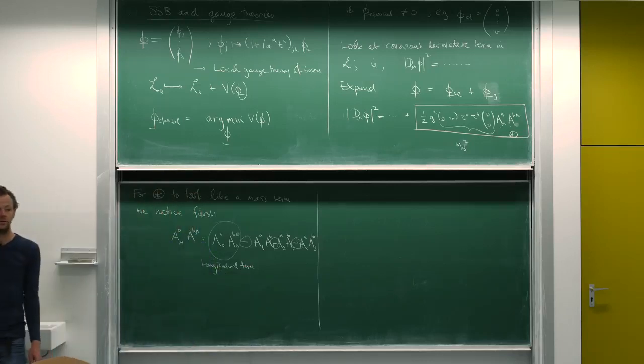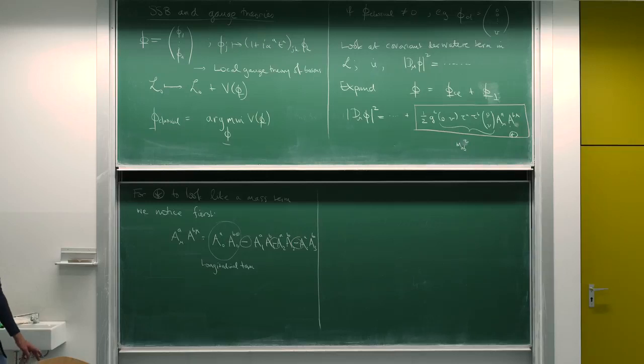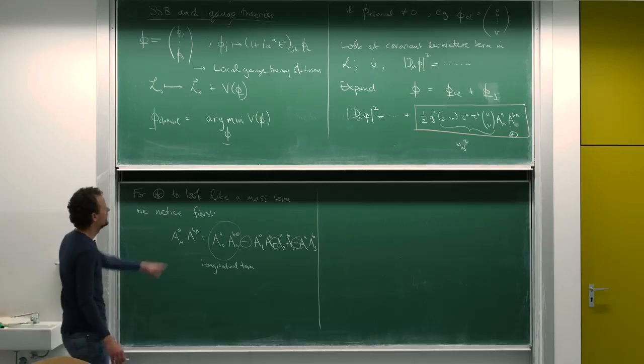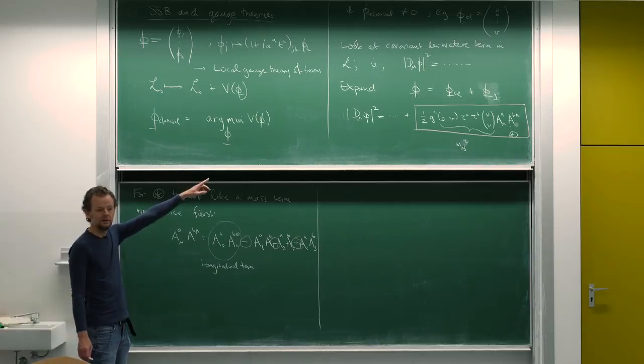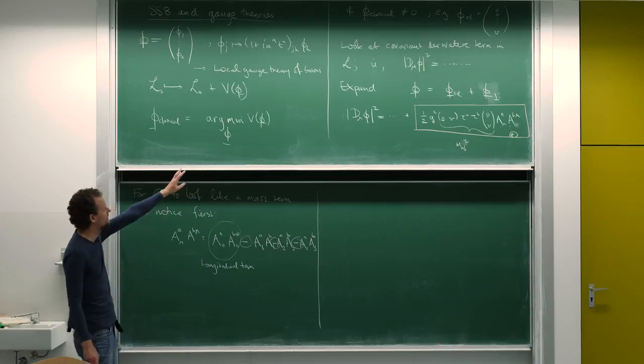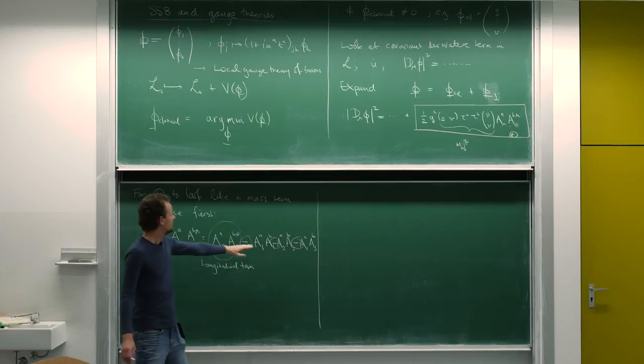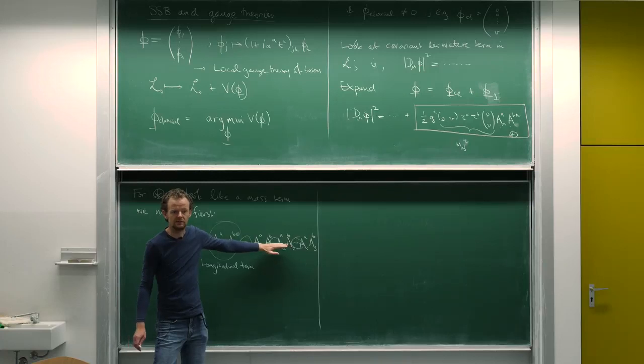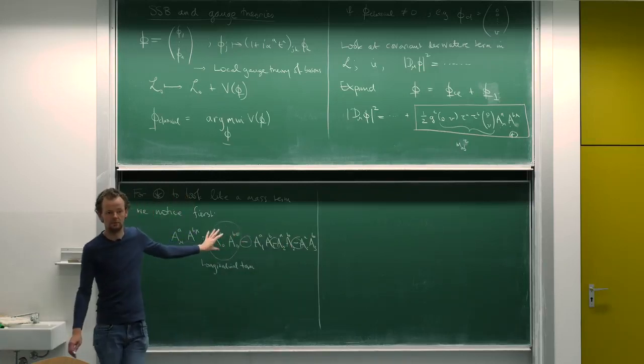But it turns out we know how to eliminate this longitudinal term in the Lagrangian here. If the degrees of freedom of this theory are such that these gauge bosons are always transverse to the direction of momentum, then this term plays no role.